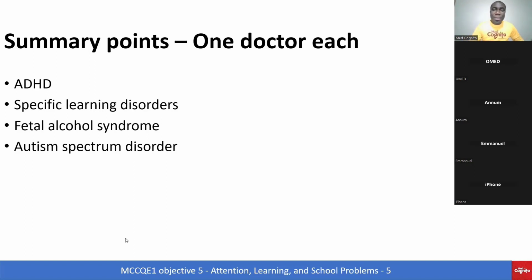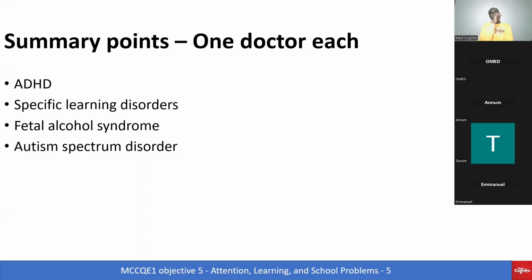For ADHD, the features are inattention, hyperactivity, and impulsivity. For the assessment, we need to assess in 2 different settings, like home and school. That will be a psychoeducational assessment. We can start screening at age 4 years old. Pharmacological treatment is for above age 6.